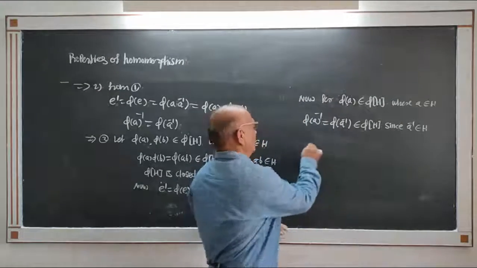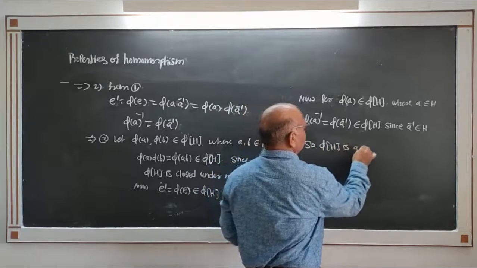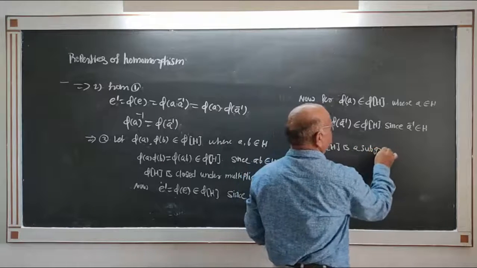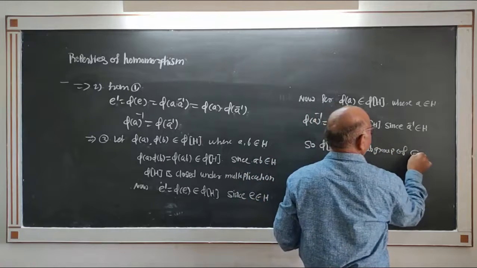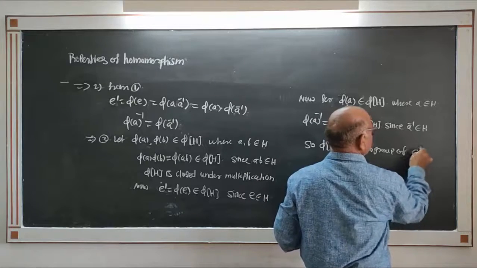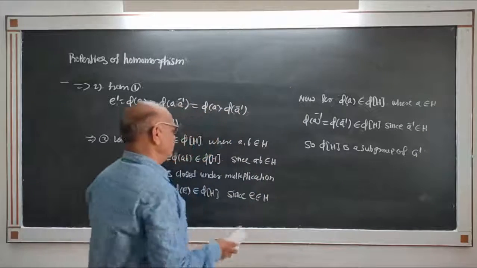And so phi of H is a subgroup of G dash.